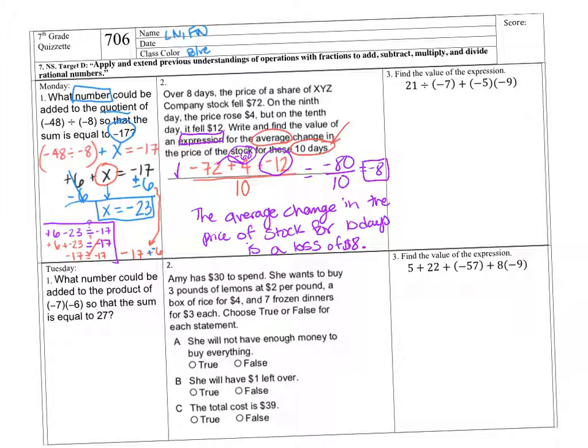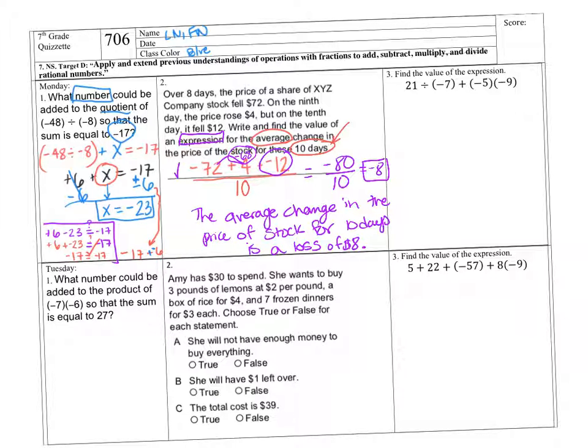Number 3, find the value of the expression. 21 divided by -7 plus -5 times -9. Now, order of operations says that we have to clear out the parentheses and the exponents, but we don't have exponents right now. And the next step is multiplication or division, and we have to do them from left to right.